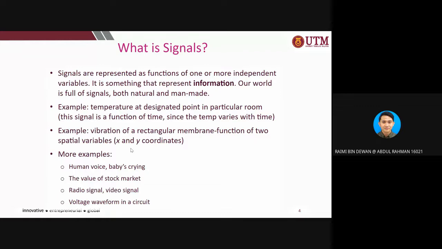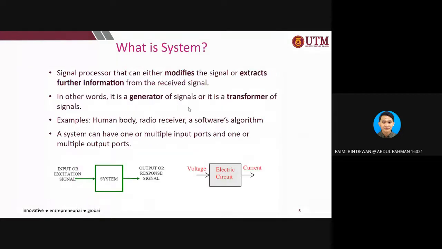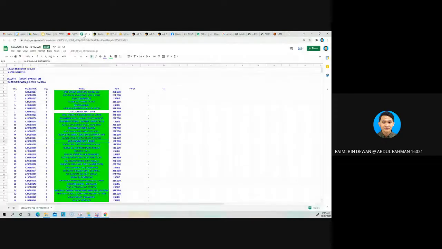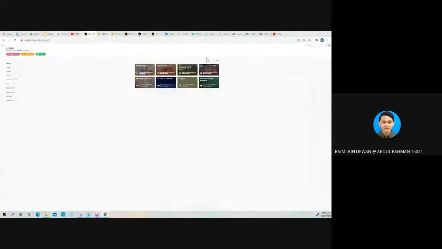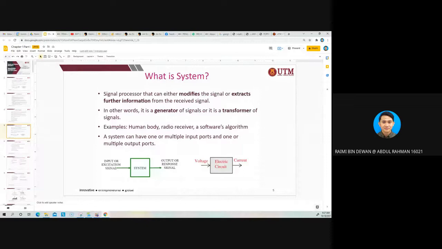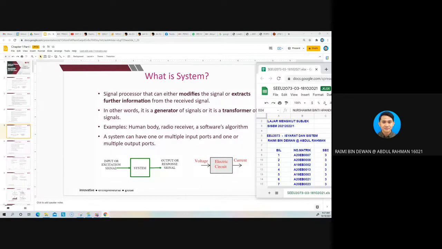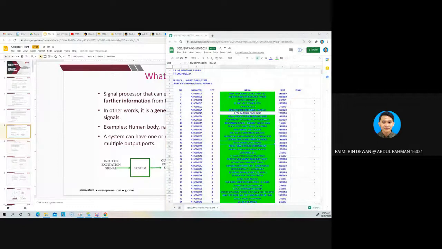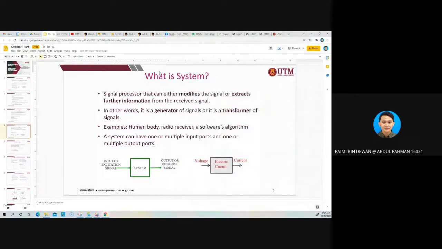Nur Shamimi, do you know what the natural signal is? Can you share with the class? What do you think? Just guess. Normally we know man-made signals, but we don't know the natural ones.